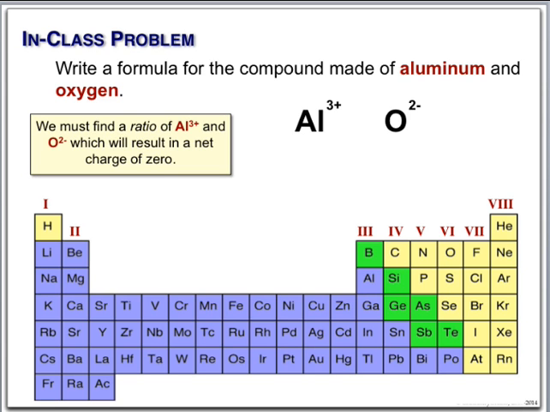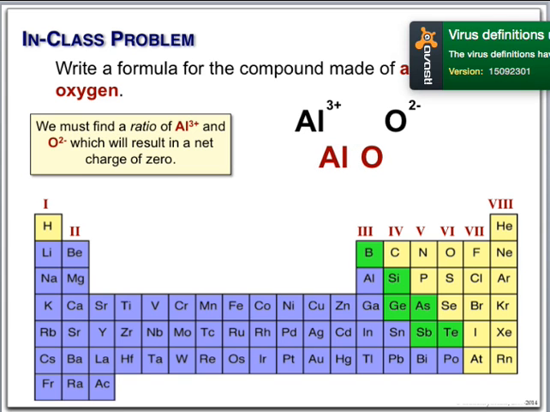Just go ahead and write your elements down. Now, the charge on the first one is going to be the subscript on your second one. The charge on the second one will be the subscript on the first one. So they simply cross over like that.